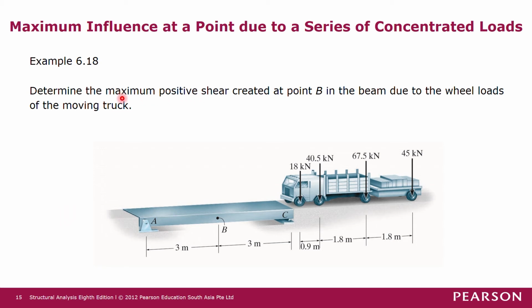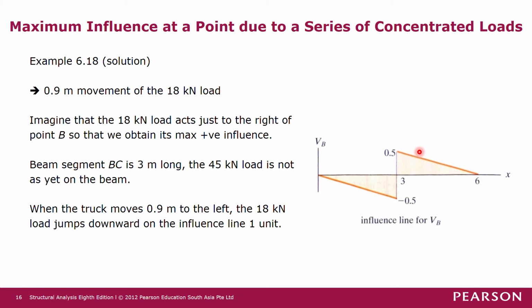So now we want to check the maximum positive shear at point B. In that case, we need to draw an influence line for shear at point B. The influence line for shear at point B will look like this. Either you use the qualitative method of drawing it and determine the key values, or the tabulating value method, or the writing the functions method.